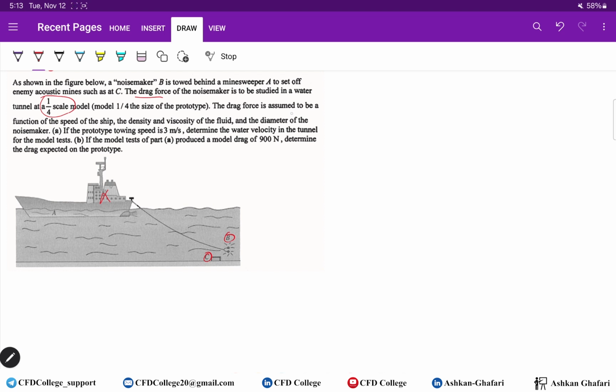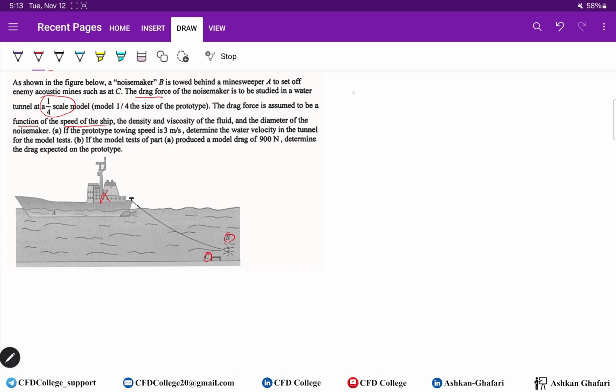The drag force is assumed to be a function of the speed of the ship. So here in this problem, we first have to find the dimensionless groups ourselves, and then we can solve the problem.